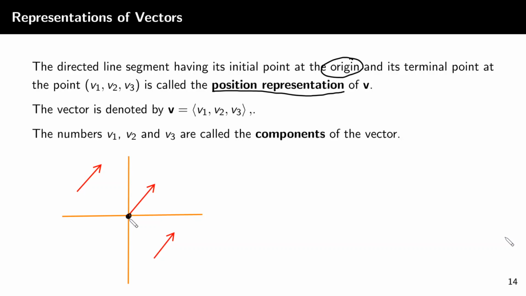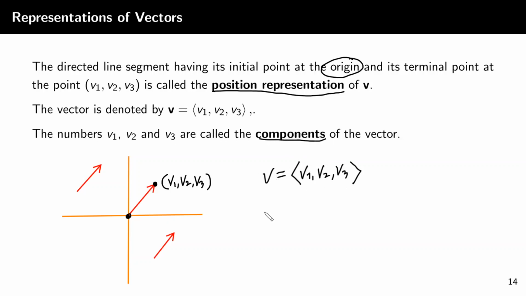The initial position is at the origin and the terminal point is given by the point with coordinates v1, v2, v3. So if the initial position of the vector is at the origin and its terminal position is at v1, v2, v3, then we will denote this vector as the vector with components v1, v2, v3. These v1, v2, v3 are the components of the vector.